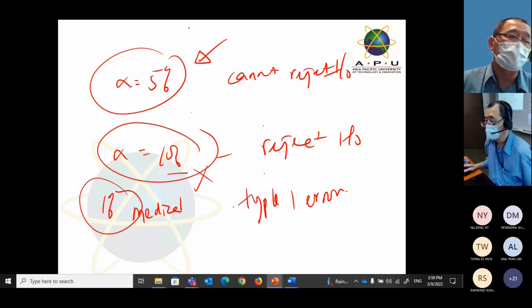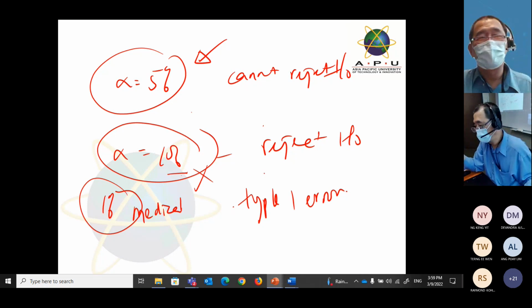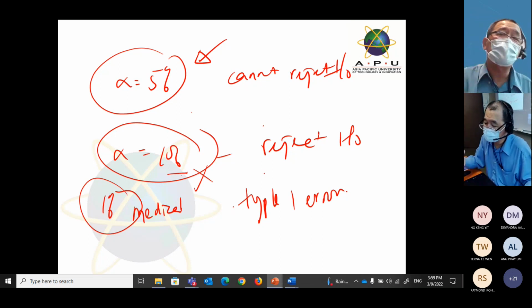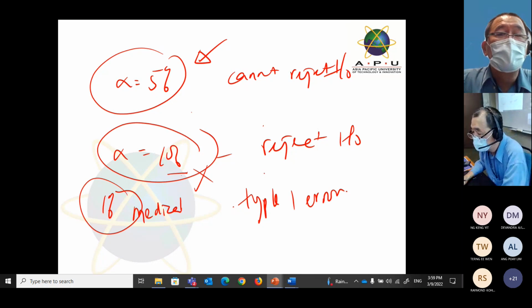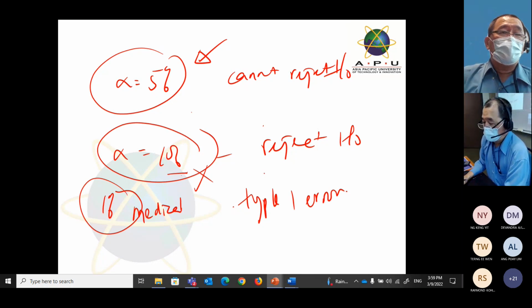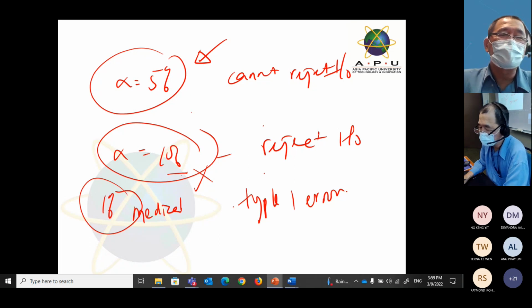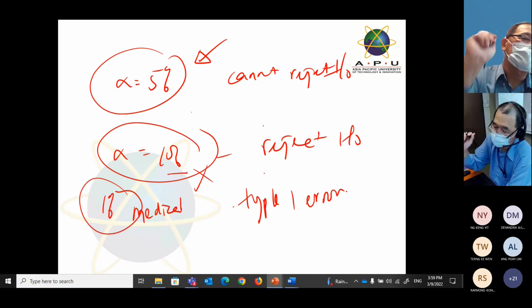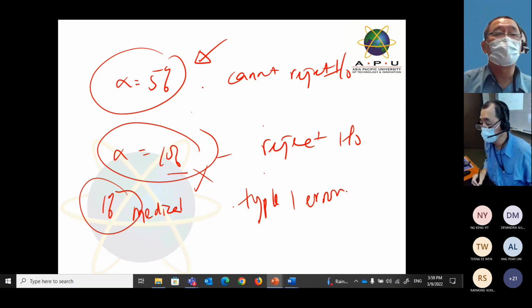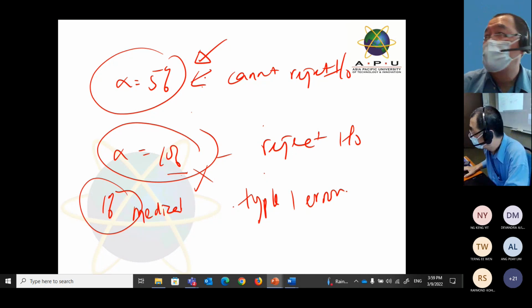So it depends. You cannot easily change the percentage to make it significant. And there is no 4% or 3%. It's 1, 5, 10. This is a standard, like a market acceptable range. Yes, correct. People normally want 5%. Thank you.